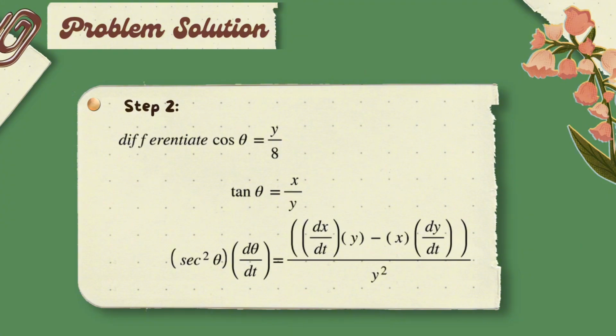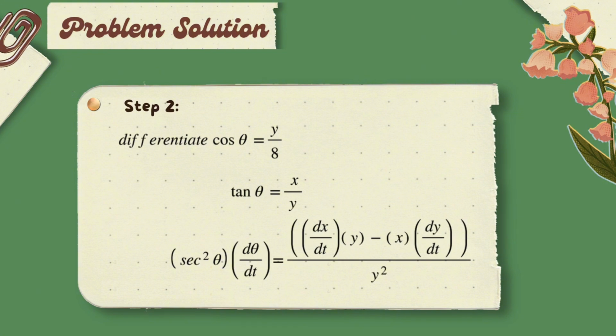This is actually the quotient rule. We separate them as x equal to u and y equal to v, like (u v prime minus v u prime) divided by v to the power of 2.